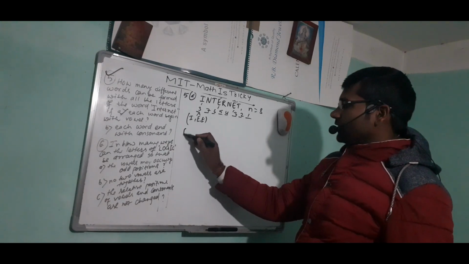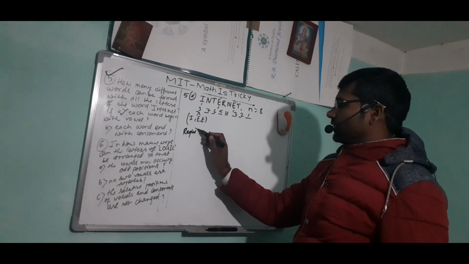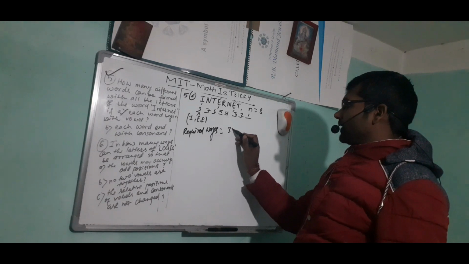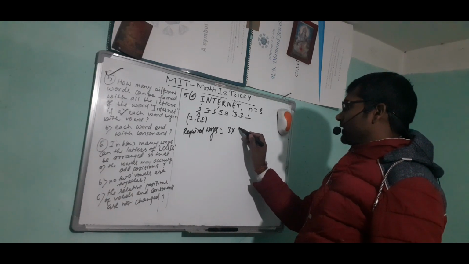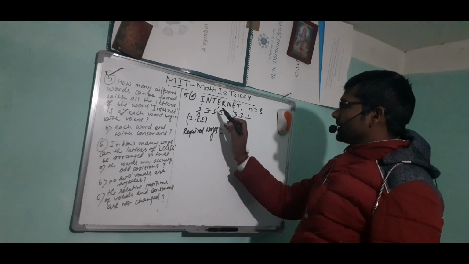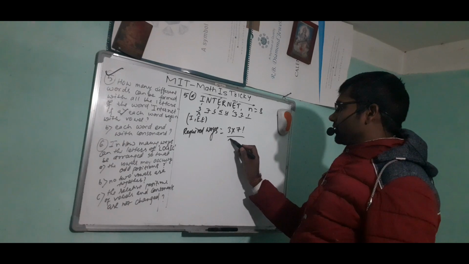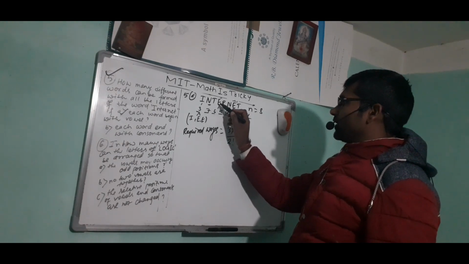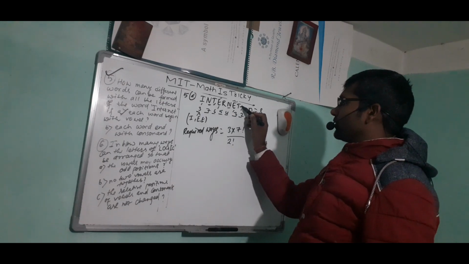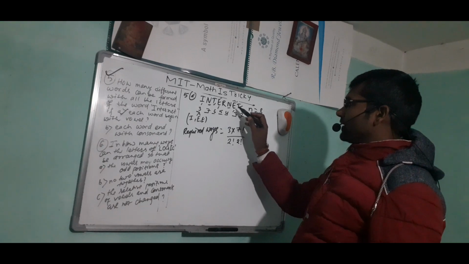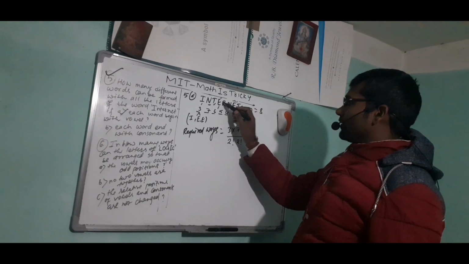So the required number of words will be 3 into 7 factorial, but we have 2 N's and 2 T's, so it should be divided by 2 factorial, and again we see 2 E's, so we divide by another 2 factorial.